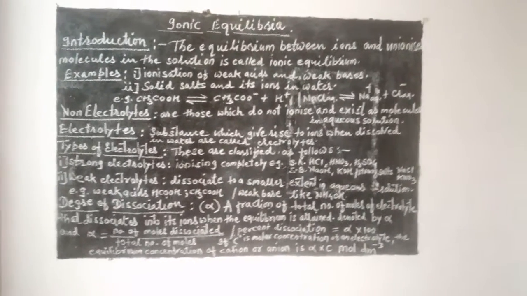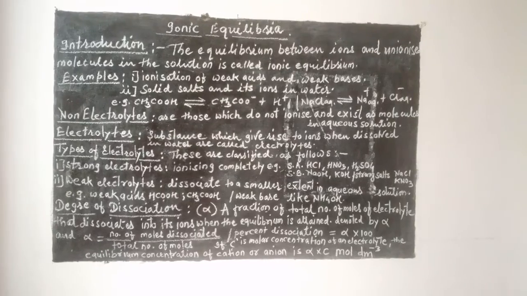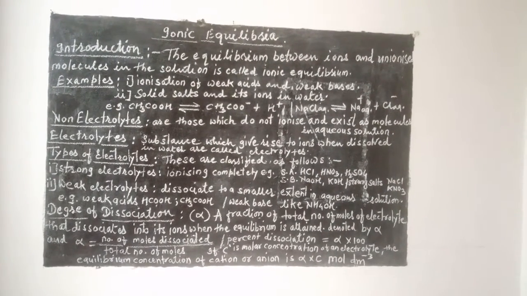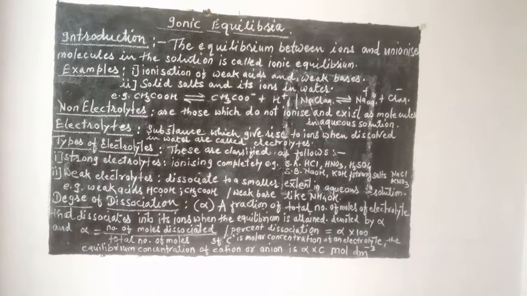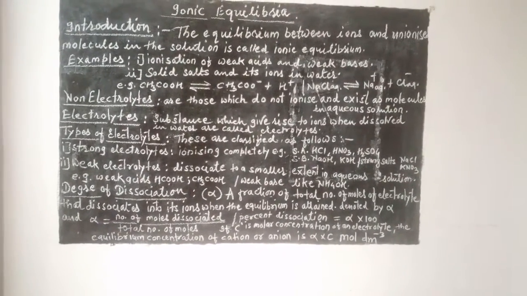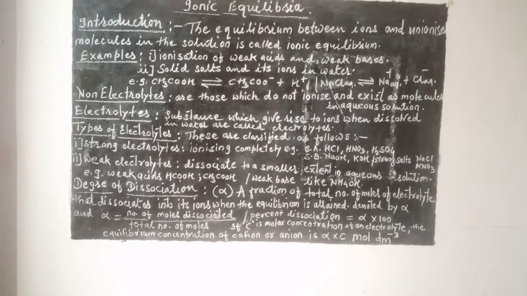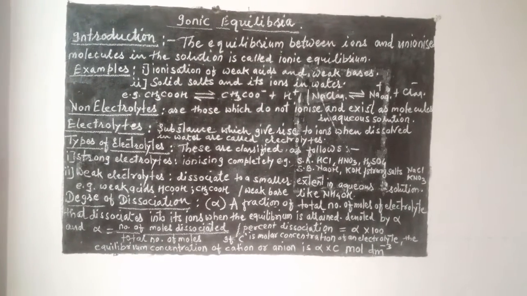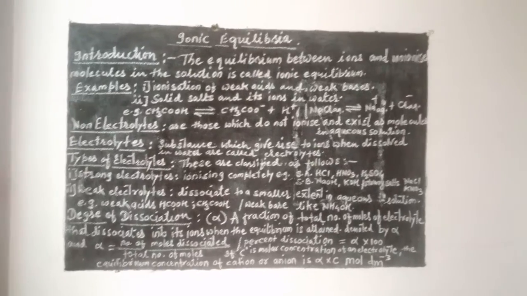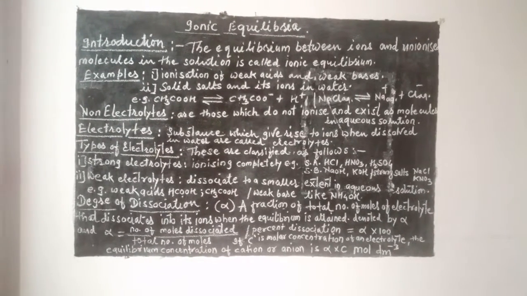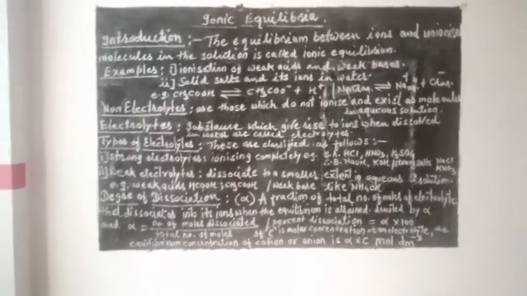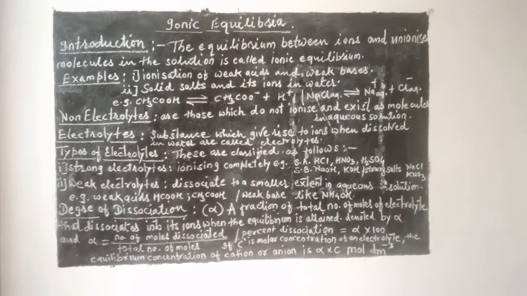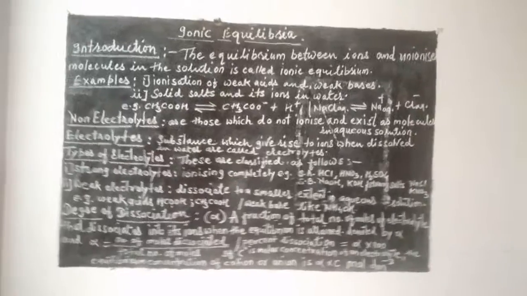It ionizes in water as CH3COOH is in equilibrium with CH3COO minus ions plus H plus. It is given on the blackboard. Thus, there is an equilibrium between acetic acid molecules, CH3COOH, and acetate ions CH3COO minus and H plus ions. You can also give the example of NH4OH as a weak base.